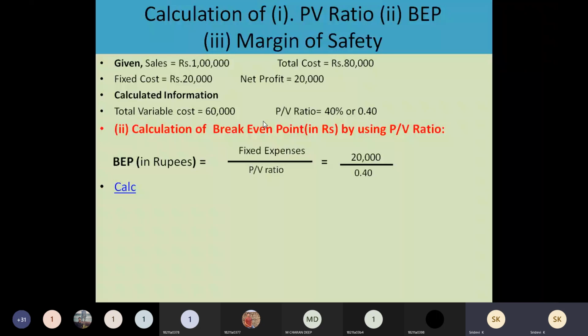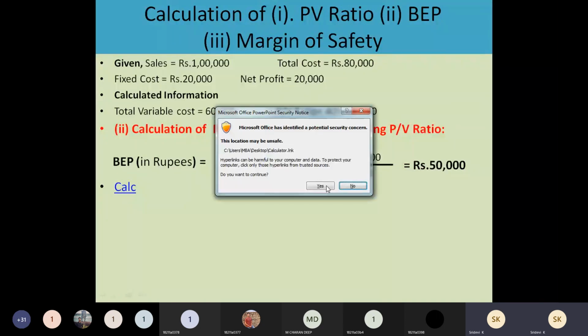Otherwise 40 divided by 100 you have to show. Don't take it as 40. Either you have to take 40 divided by 100 or 0.4. So this is most important, you have to keep in mind. So 20,000 divided by 40%, that will give you 50,000. You take a calculator and you can calculate it.